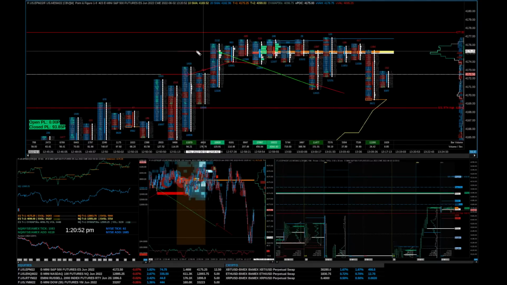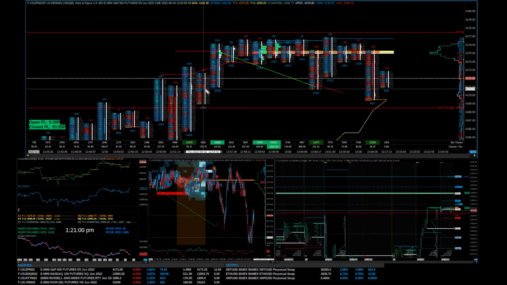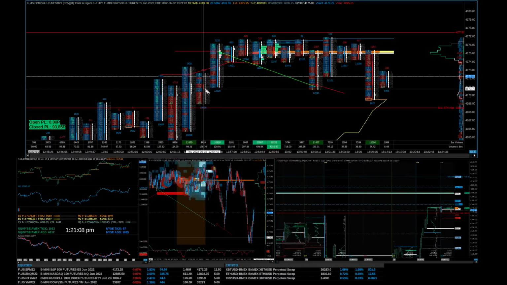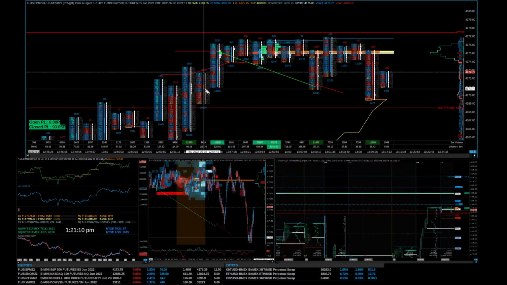In the end, as long as your short position is higher than your average long position, you make money. But what we're talking about here is just the open position indicator and what that displays.